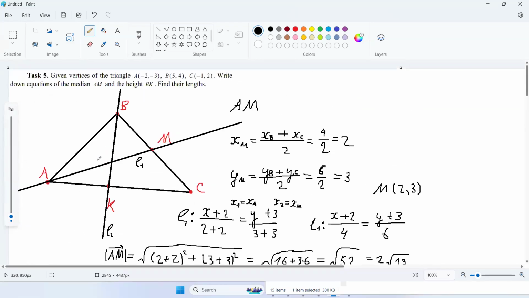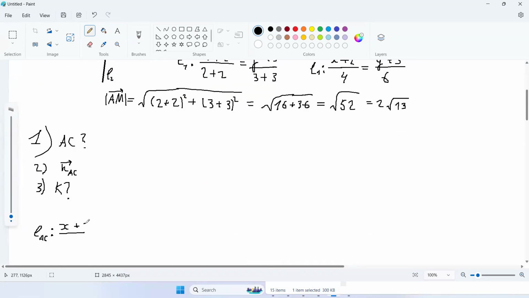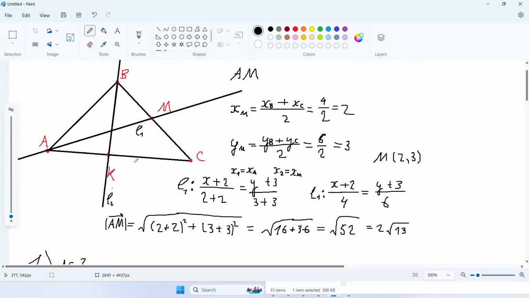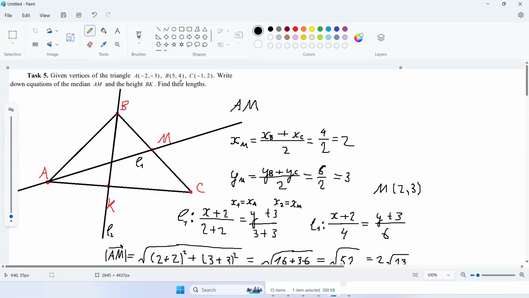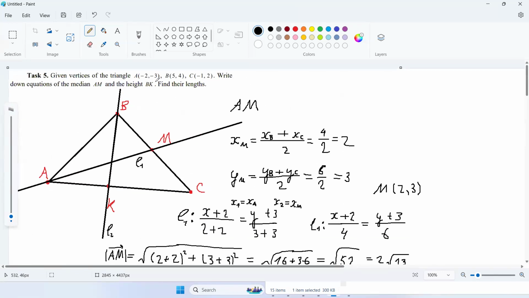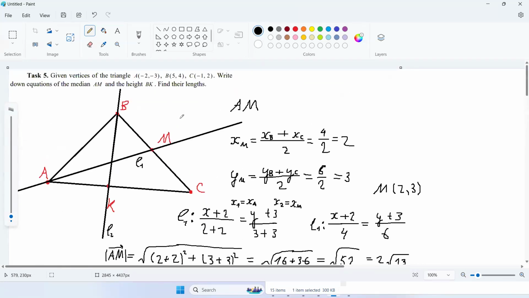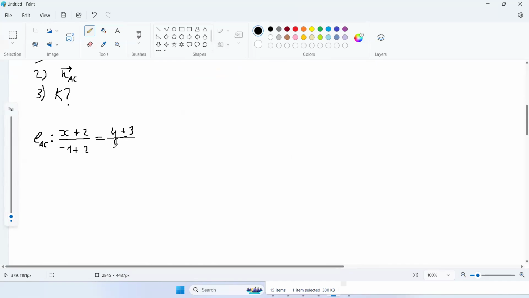So x plus 2 by minus 1 plus 2 equals y plus 3 by 2 plus 3.